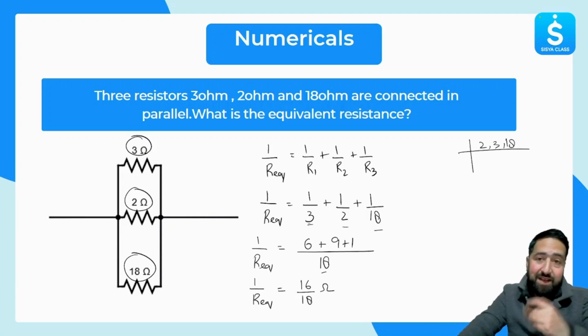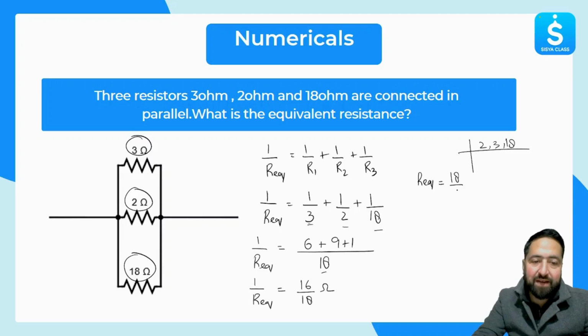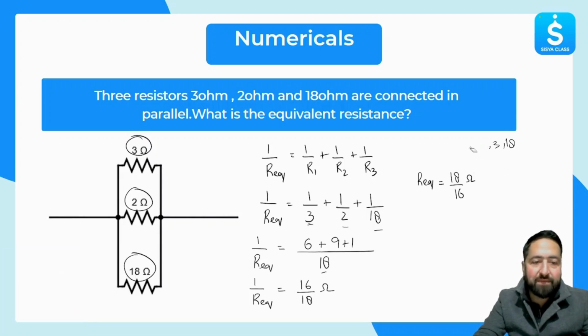No. We are searching for the equivalent resistance. Here it is 1 divided by R equivalent, so I need to take the reciprocal. Taking the reciprocal, R equivalent comes out to be 18 divided by 16 ohms.